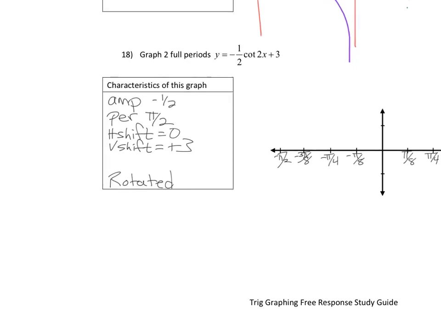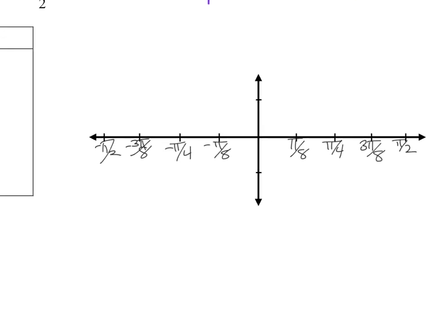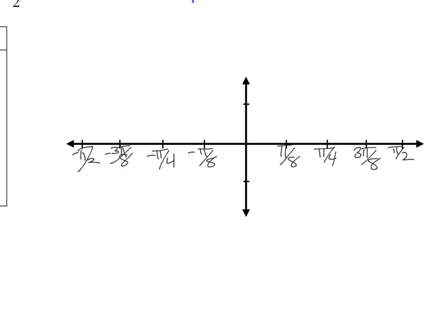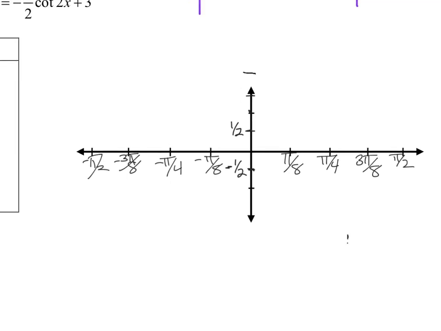All right, my amplitude was 1/2, but I'm vertically shifting at 3, so I need it to be fairly small. So that's going to be my 1/2. Negative 1, 2. So this is how this gets really high fast.